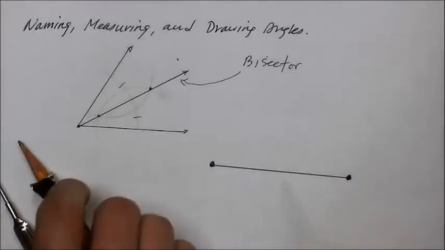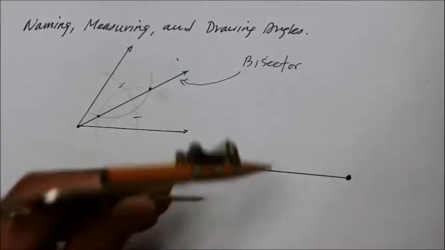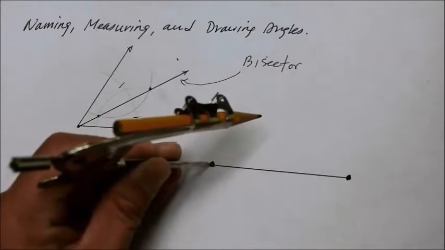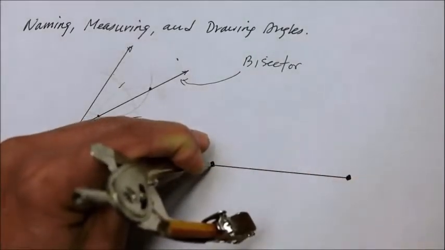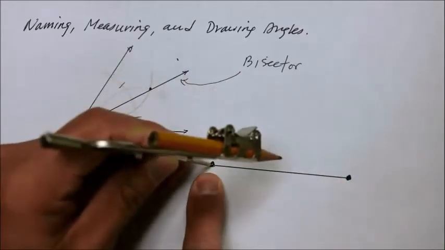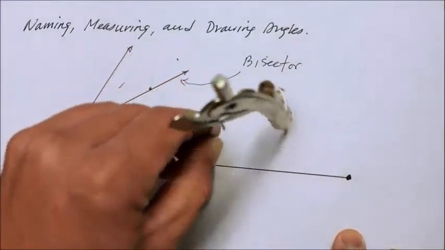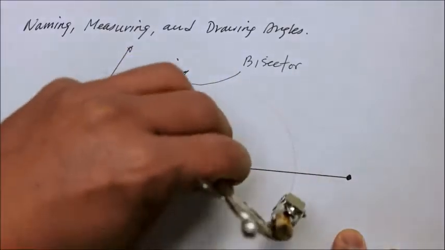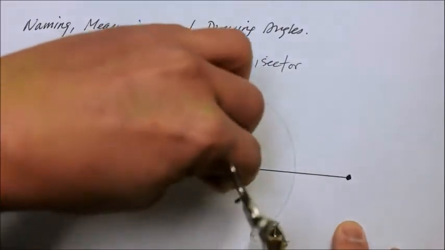So in this case, what you want to do is use a compass and somewhere randomly set your compass so that it draws an arc on 2 points, all the way across, using the end point as a pivot point for your compass. And so in my case, I'm going to draw an arc like so. Ta-da! Well, that was a little awkward. Okay, but there it is.